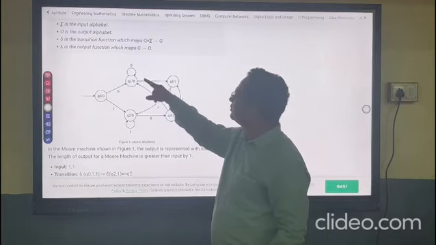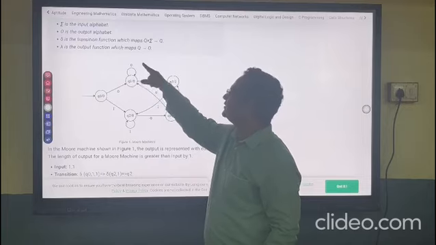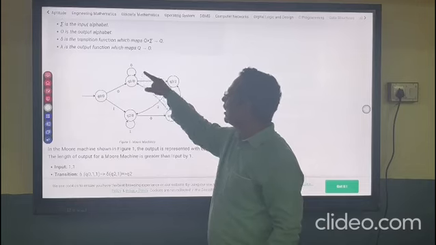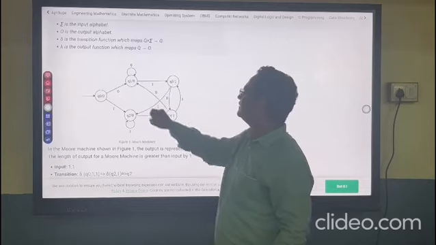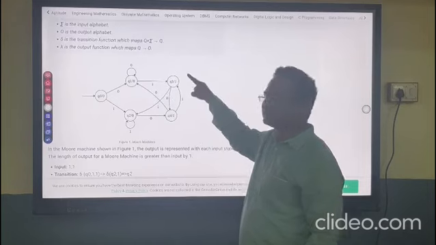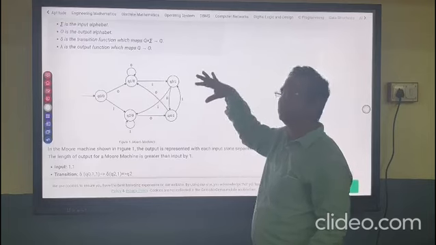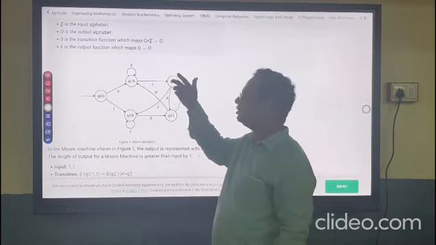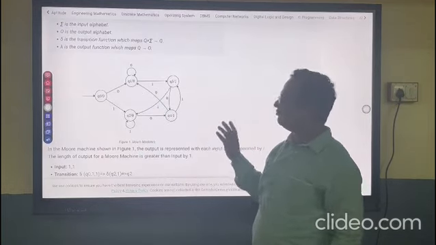Next we are looking at Q1. If Q1 accepts 0, then the output will be 0, and if Q1 accepts 1, the next state will be Q3. So here we are looking at transitions depending on the state and inputs 0 and 1.